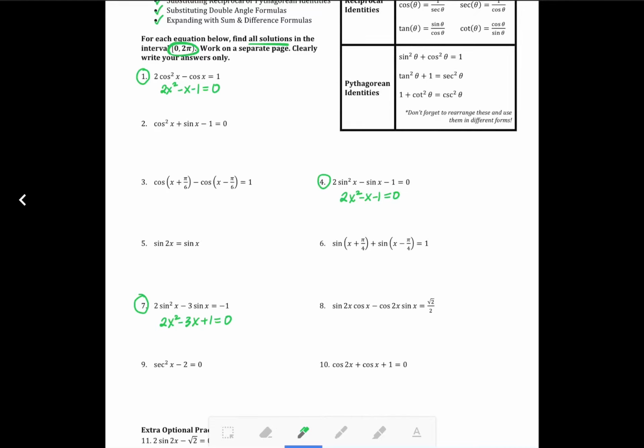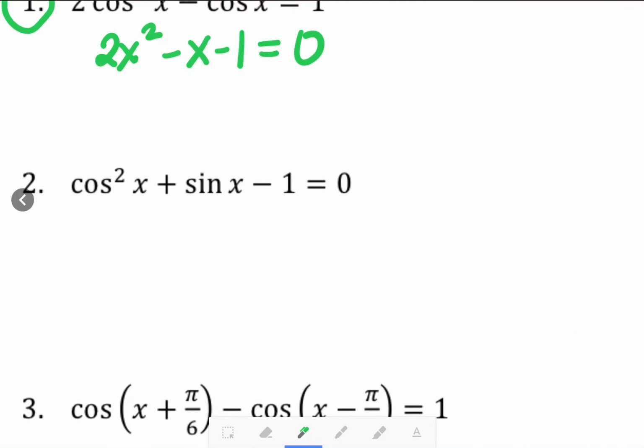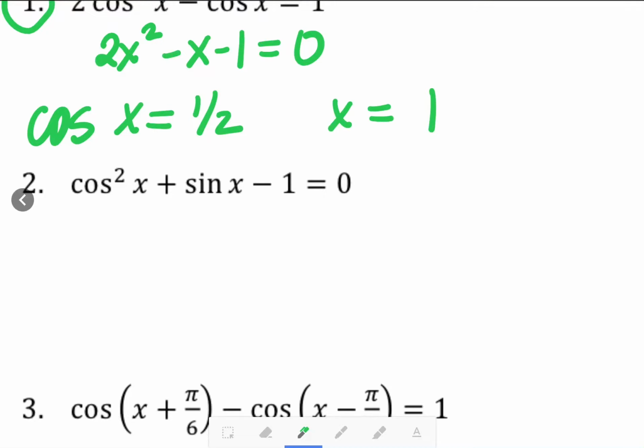Factor them, solve them just like you would have back in Math 2 the first time you did factoring, back in Math 3 when we revisited factoring, back at the beginning of this semester when we did factoring. Do them the same exact way. But when you get to the end, if you have a solution that was x equals 1/2 or x equals 1, and I don't think those are correct, I'm just giving you an example, instead of x, it's now cosine x and cosine x.